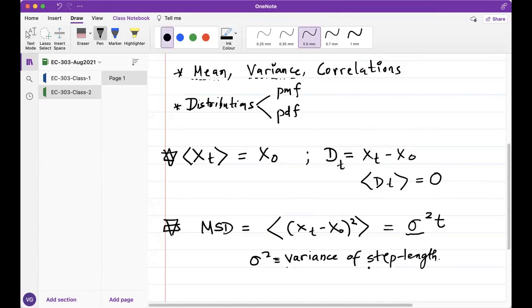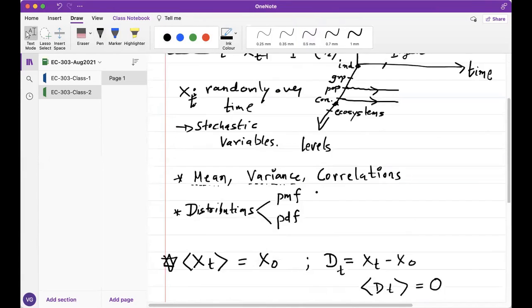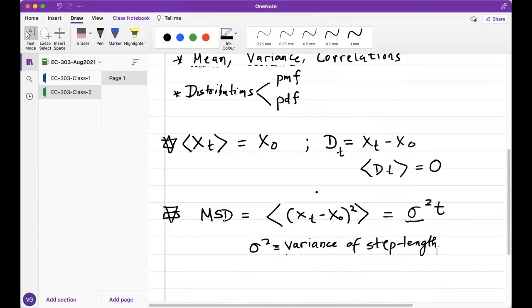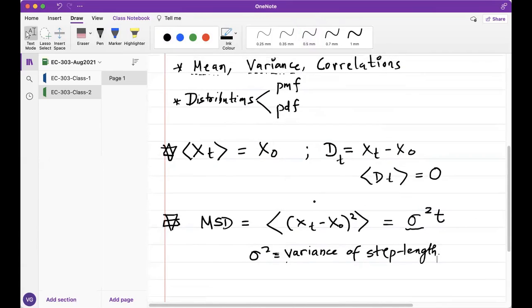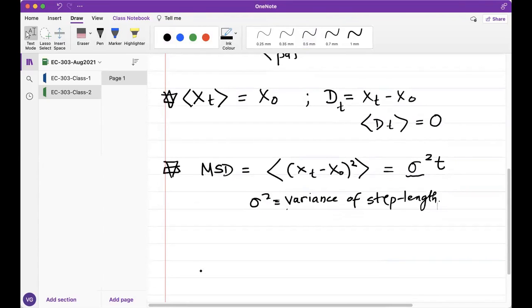Is that right? Okay, so this is what we found, and if we did not look at different step lengths, sigma square would be just 1 for the exact random walk defined here. So we have found the mean. We have found the variance. We haven't yet calculated correlations. We haven't yet calculated distributions. Any questions so far before I move forward?